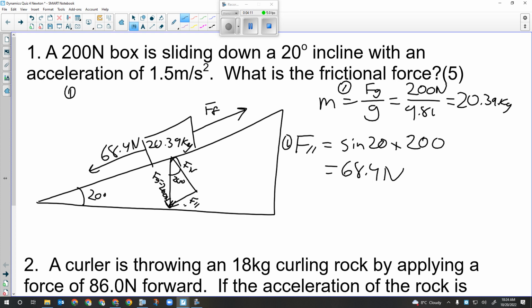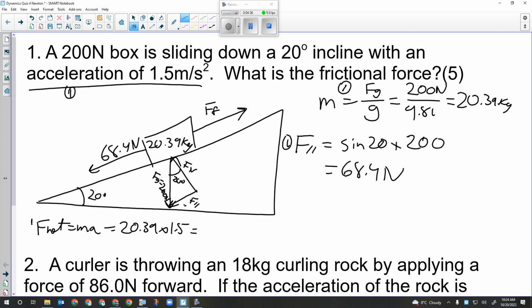So I'm trying to find the force of friction, and they told me the acceleration. What can I find with the mass I calculated and the acceleration? F net. That's my next step. F net is going to be m times a, which is 20.39 with all the decimals, times 1.5.